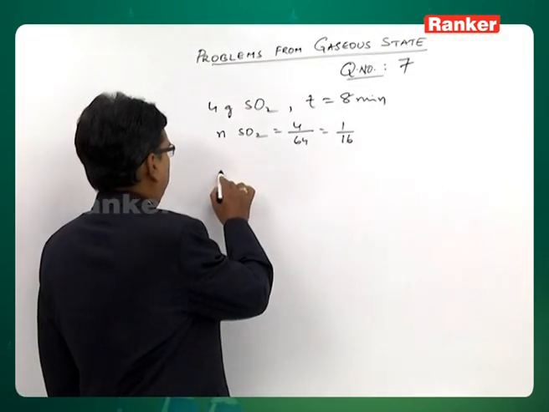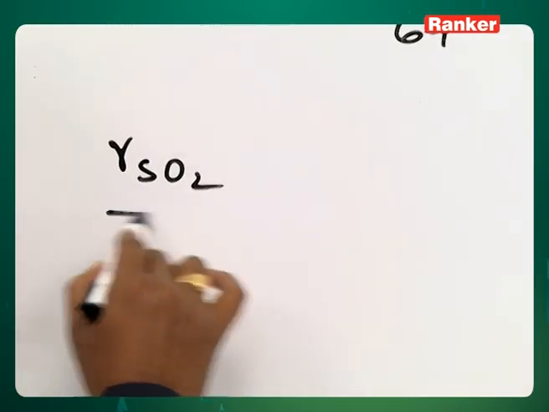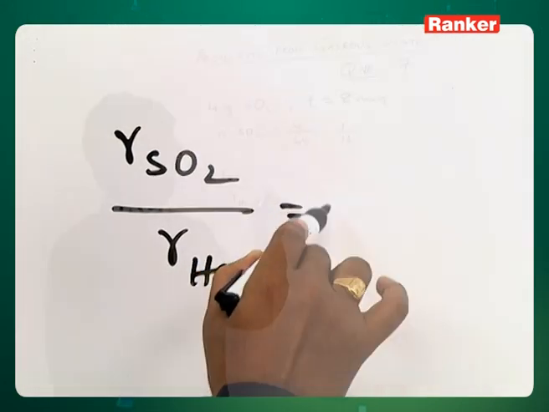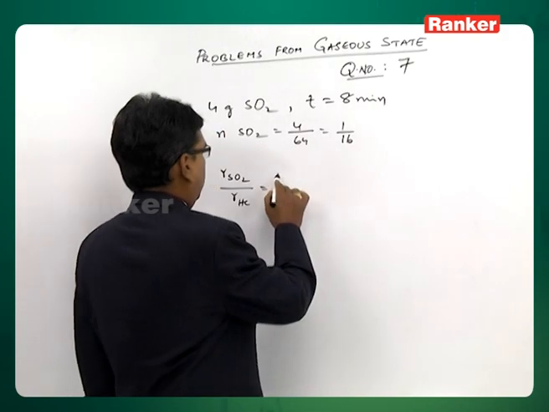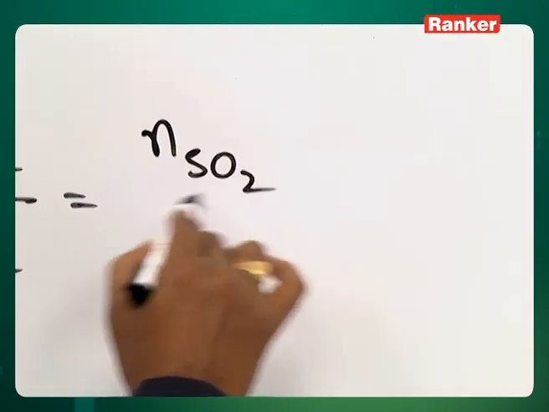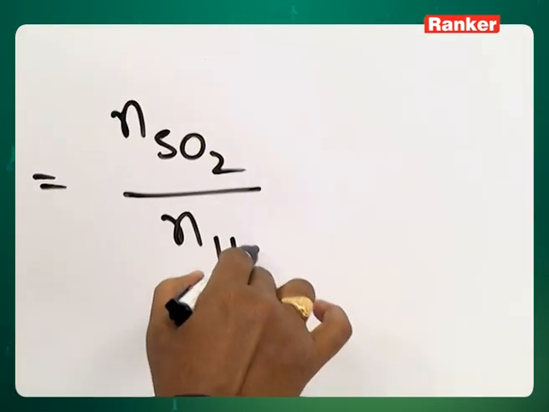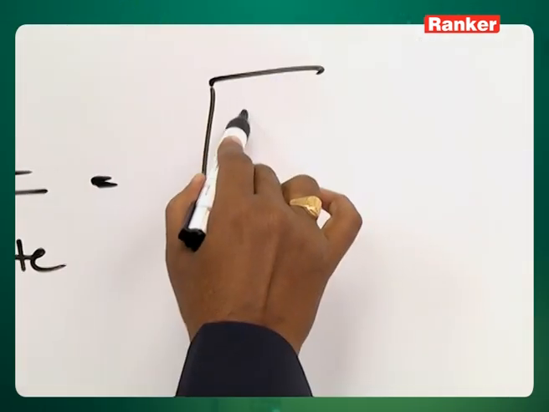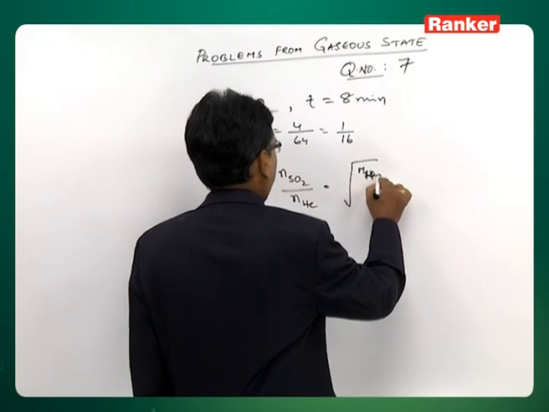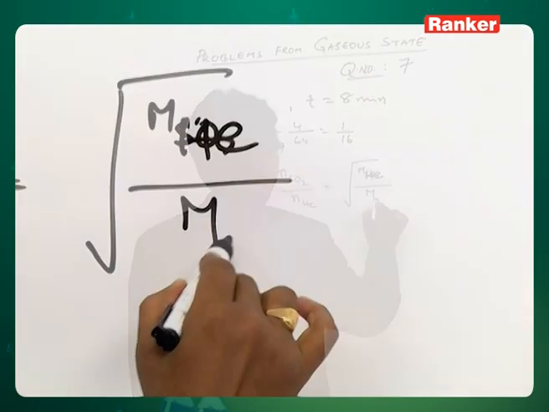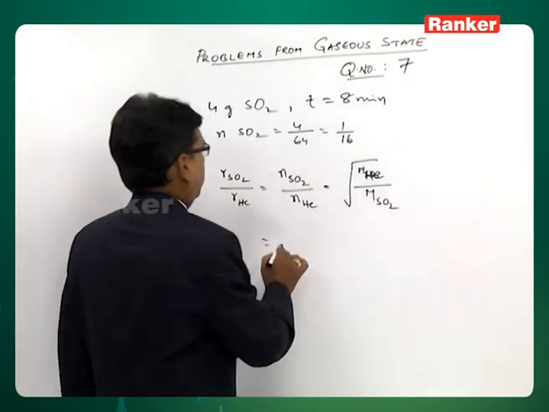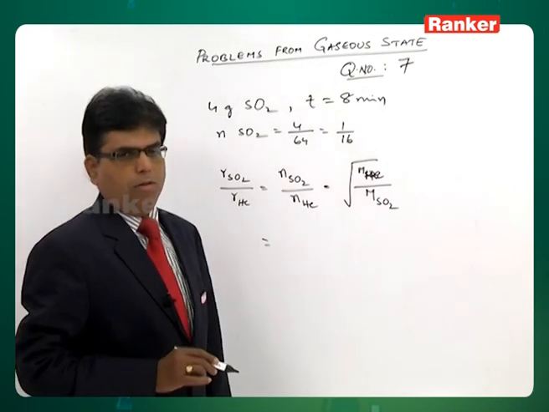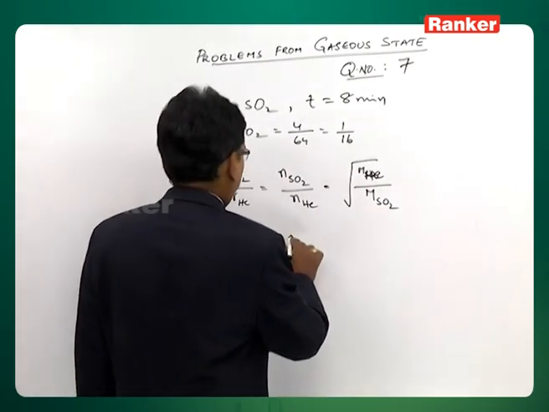Now, the ratio of rates of diffusion, R SO2 by R helium, is nothing but the number of moles of gas diffused, NSO2 by N helium, which is equal to root over M helium by M SO2. The number of moles of helium is what we have to determine.